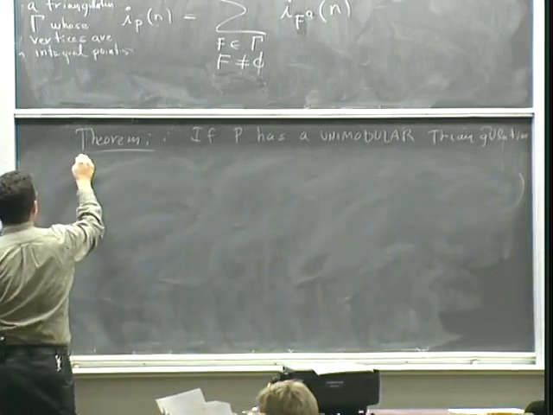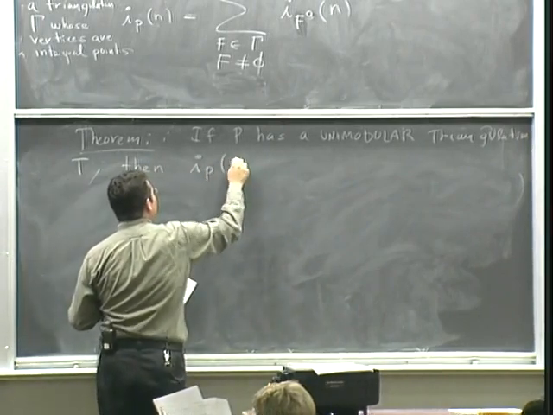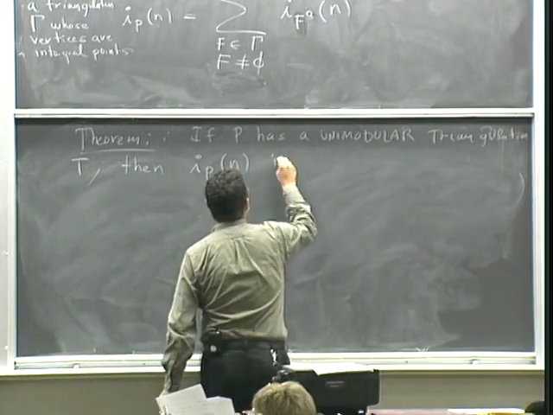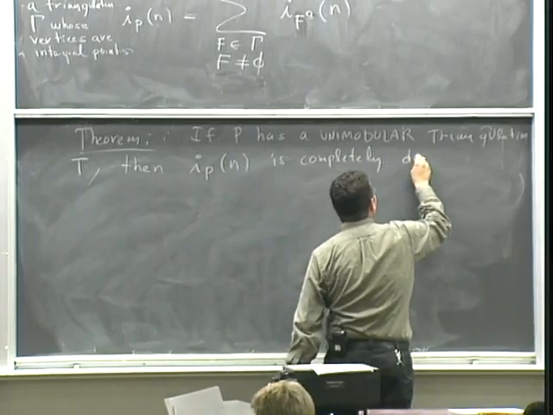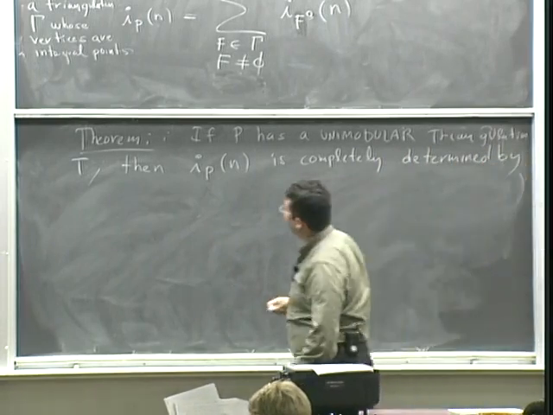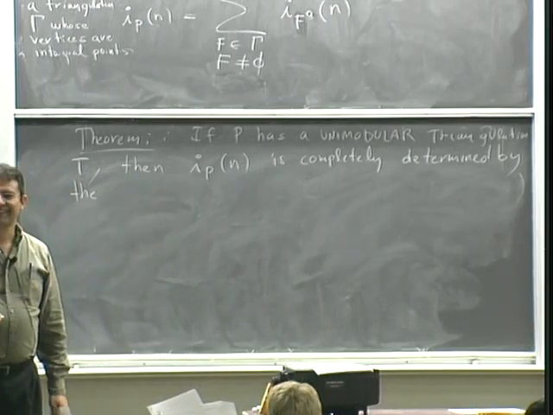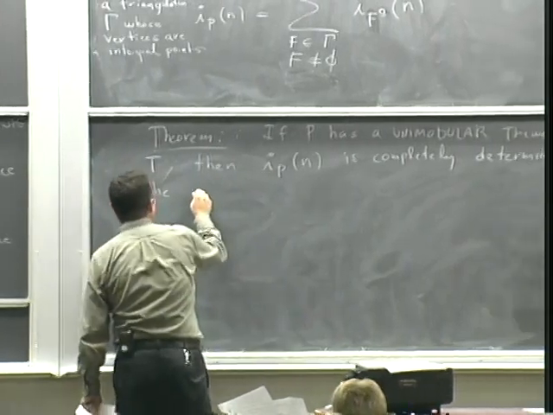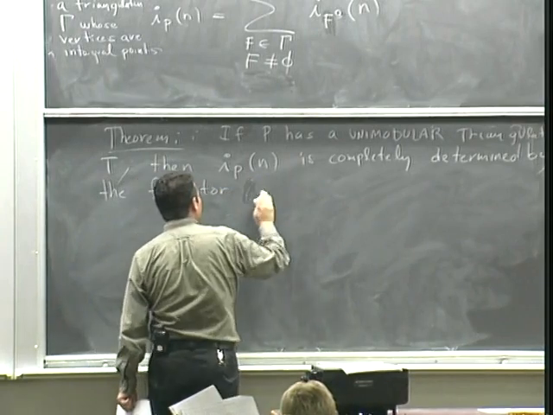Let's call it T. Then the Ehrhart polynomial of P is completely determined by the f vector of the triangulation. Who remembers what's the f vector? It's just how many simplices. How many simplices of each dimension? Very good. Then the f vector of T.